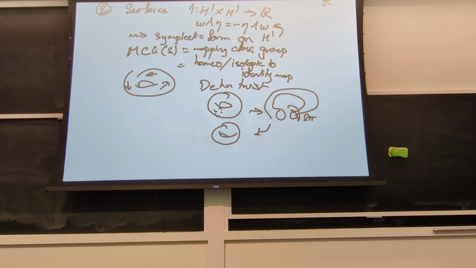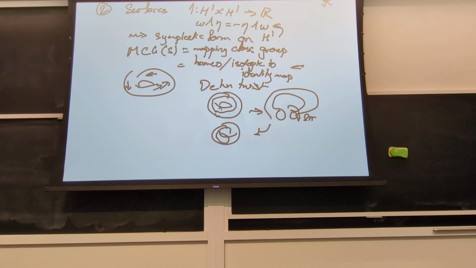If you have something which goes around once this way, it'll end up going down and then coming back up. This means that this Dehn twist cannot be obtained by flowing along these guys. So this is a discrete group which measures these homeomorphisms that cannot be continuously deformed to the identity. How big is it usually?